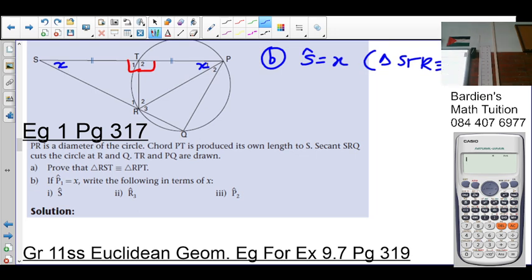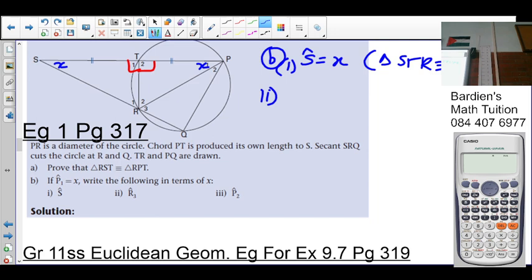What's the reason they gave in the textbook? From congruent triangles. It's the same as what I'm saying. Right, so that's number 1.